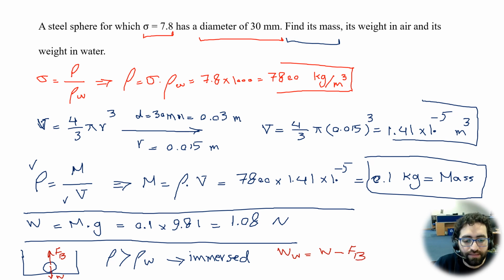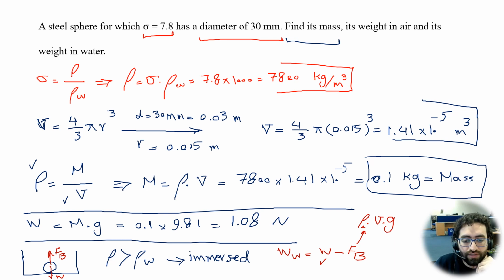So the weight in the water is equal to the original weight minus the buoyancy force. Okay, let's find out. We know its weight. We need to calculate the buoyancy force. The buoyancy force was rho of liquid times V of the immersed object times g.